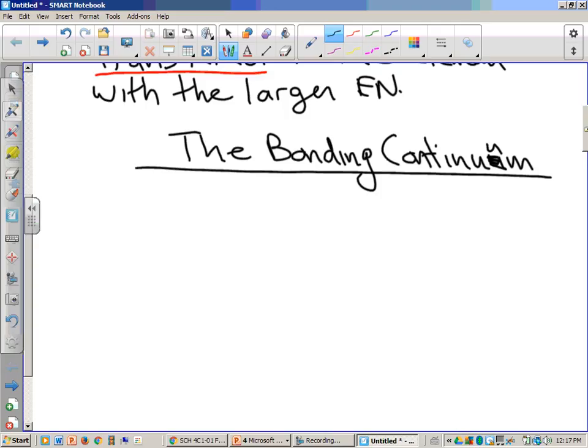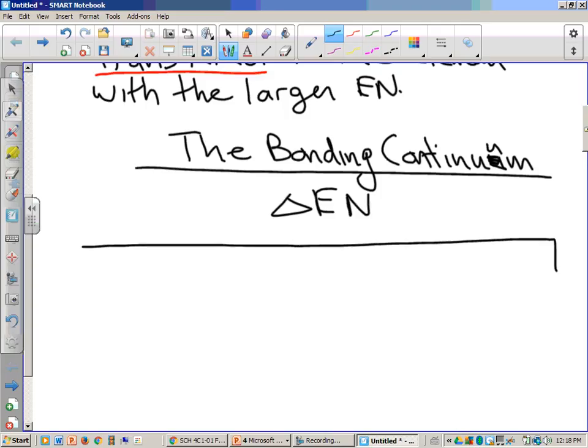You remember? Molecular? Two nonmetals, right? We've always said it's either ionic or molecular. Those are the only two choices. But in actual fact, it's not that cut and dry. There's degrees of sharing, and that's what the bonding continuum is. If we calculate this delta EN, and I'm going to show you how to calculate it in a moment, we actually have this spread of sharing.